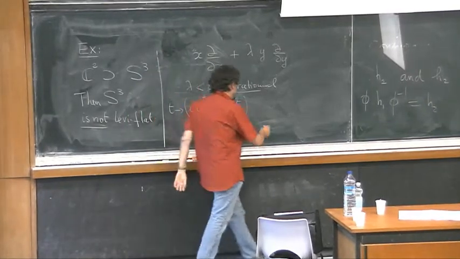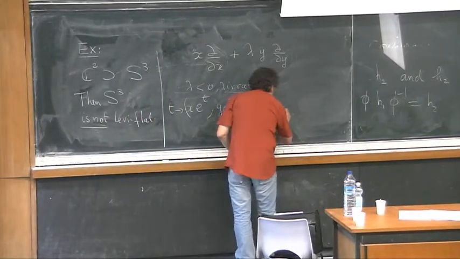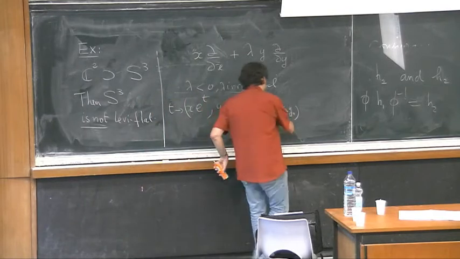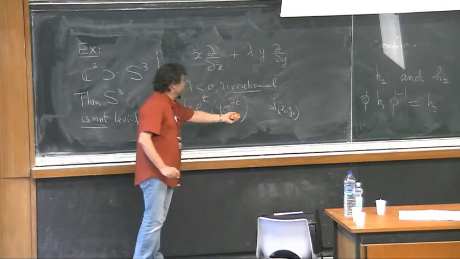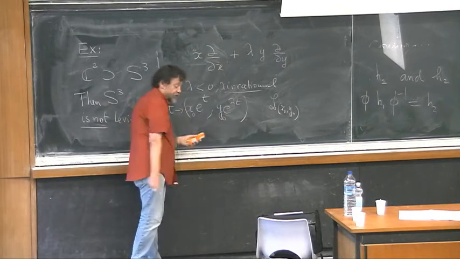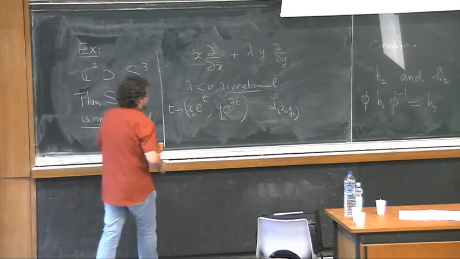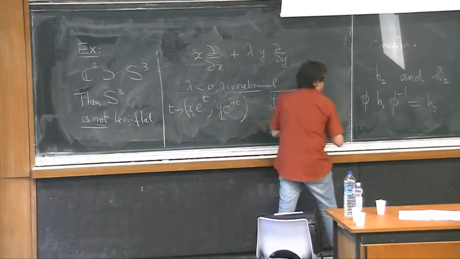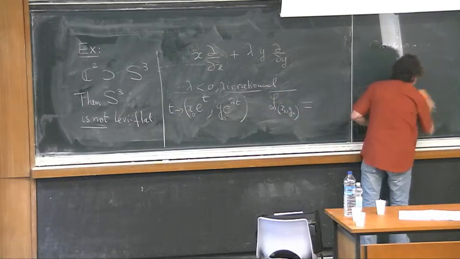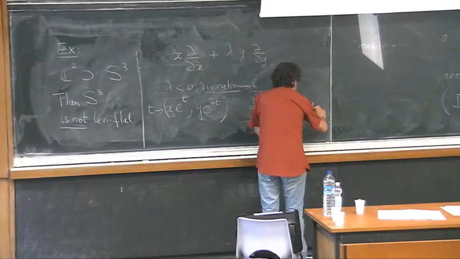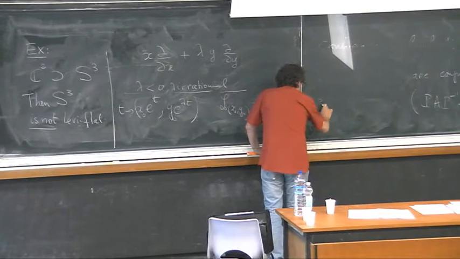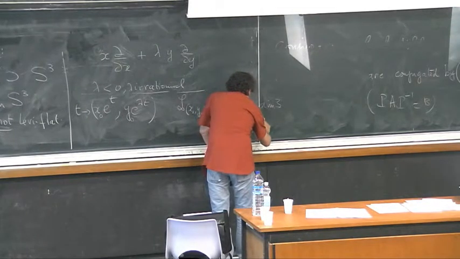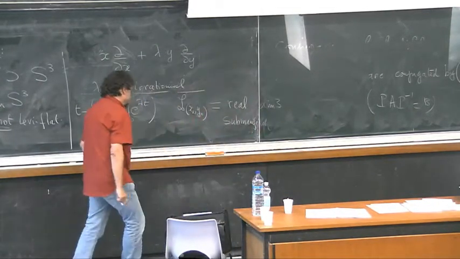If you fix a point, for example, this point, then the leaf through this point, that is the image of this map with initial condition x node and y node, is something like a real dimension 3 real submanifold.